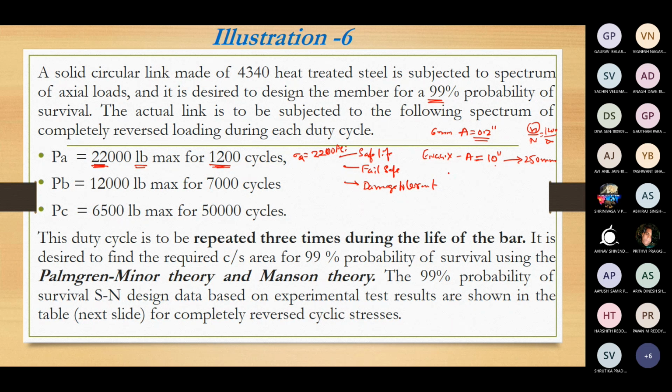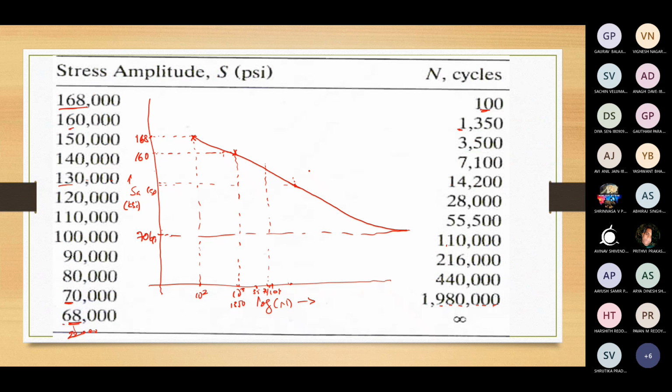Now take engineer Y, who is suggesting maybe 1 inch as the size. If it is 1 inch, what is happening to the stress value? Sigma A would be the same, 22,000 psi. You again look at your SN diagram for the given material. Even if you operate at 22,000 psi, the component still has a lot of life left.